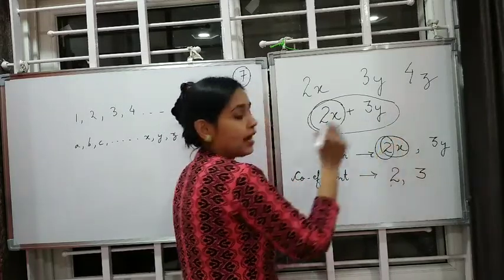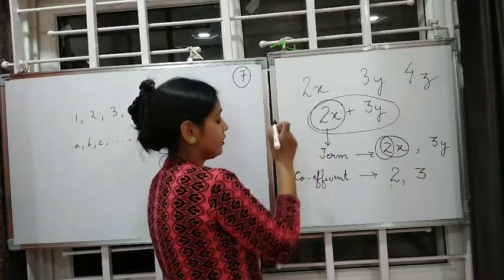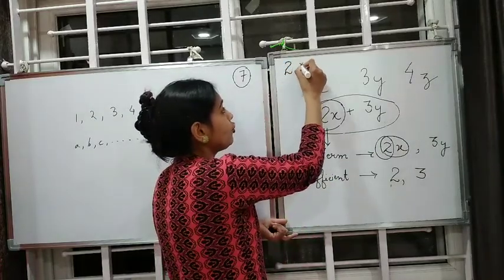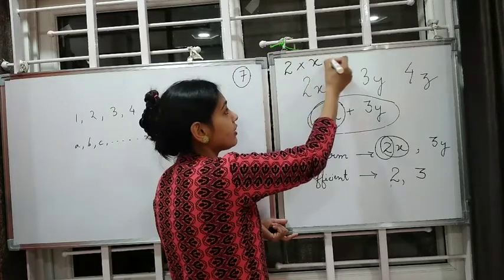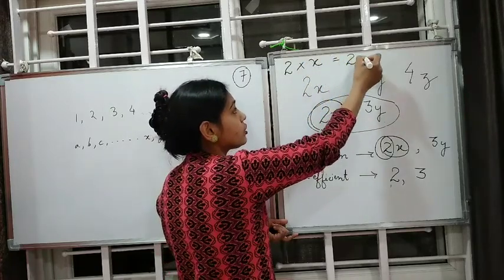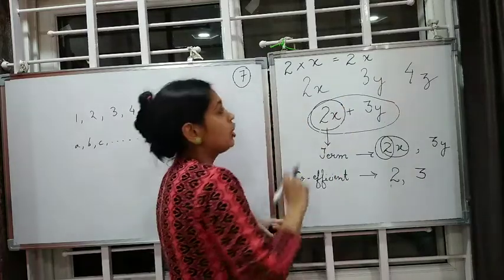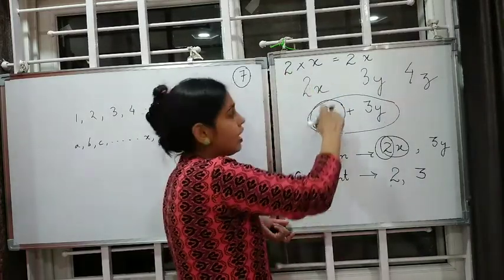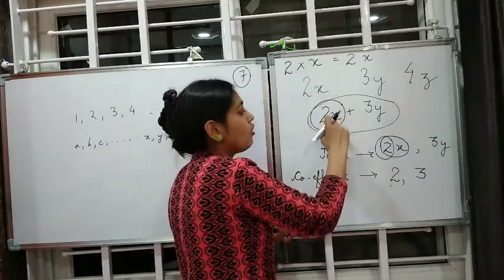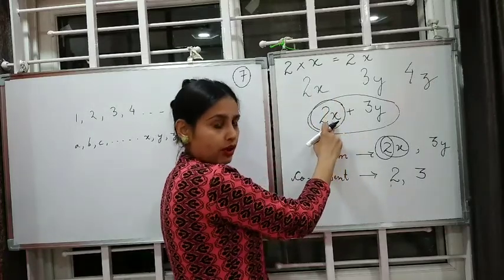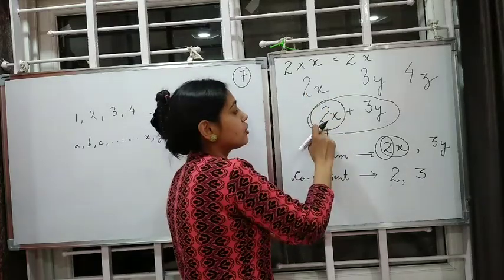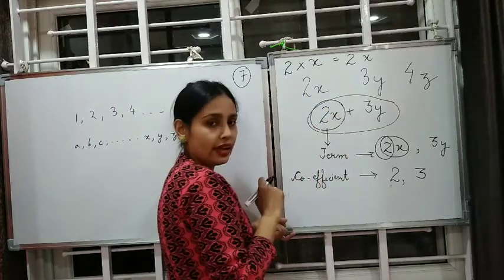This term is actually formed by multiplying 2 and x, which gave us 2x. So 2 is a factor of 2x, and x is a factor of 2x. These two are the factors of 2x.